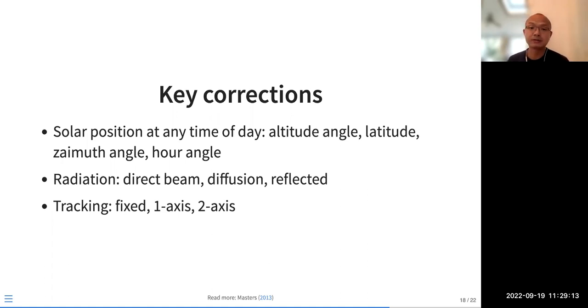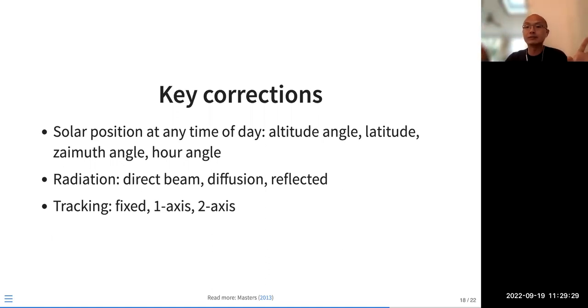Radiation also has direct beam radiation, diffuse radiation, and reflected. Direct is what the panel receives from the direct radiation.